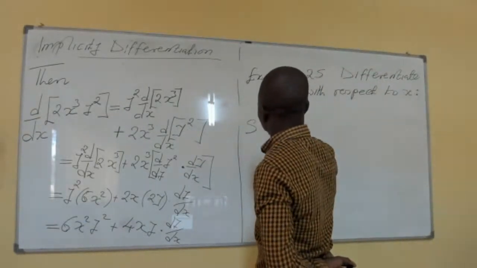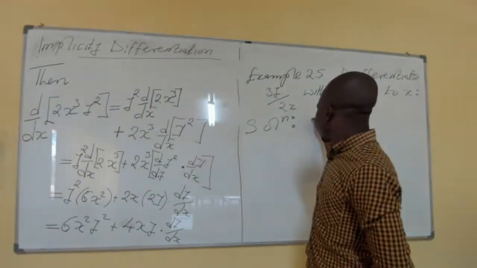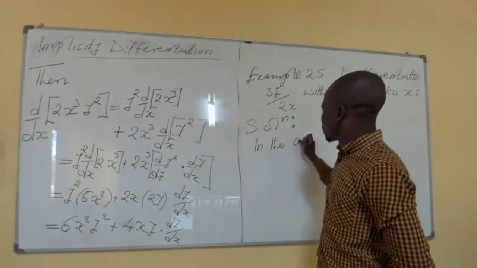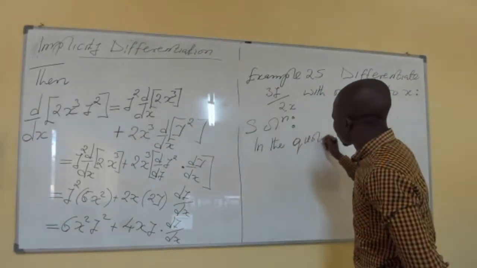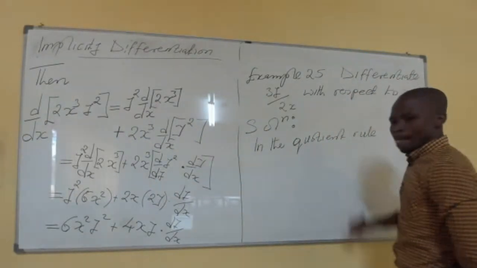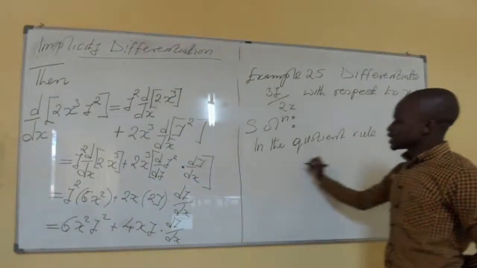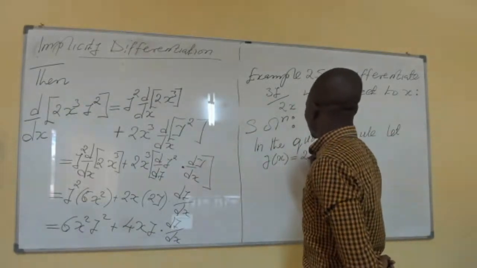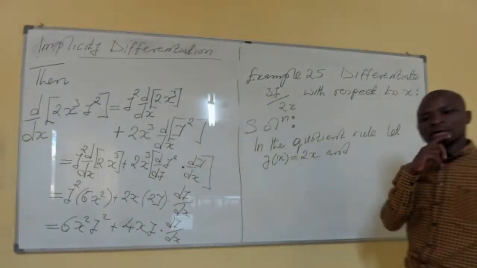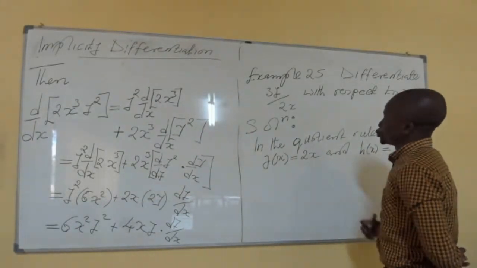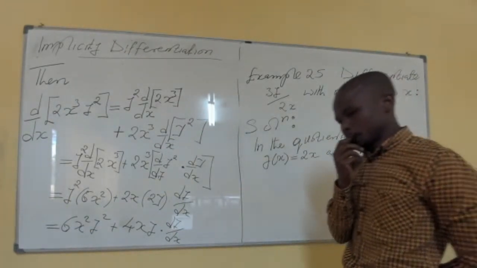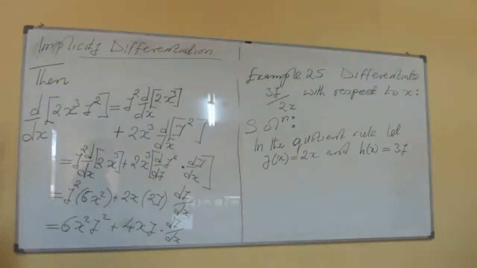So similarly, in the quotient rule, if we use the quotient rule, we let our g of x be equal to 2x and our h of x, or you can use f, be equal to 3y.